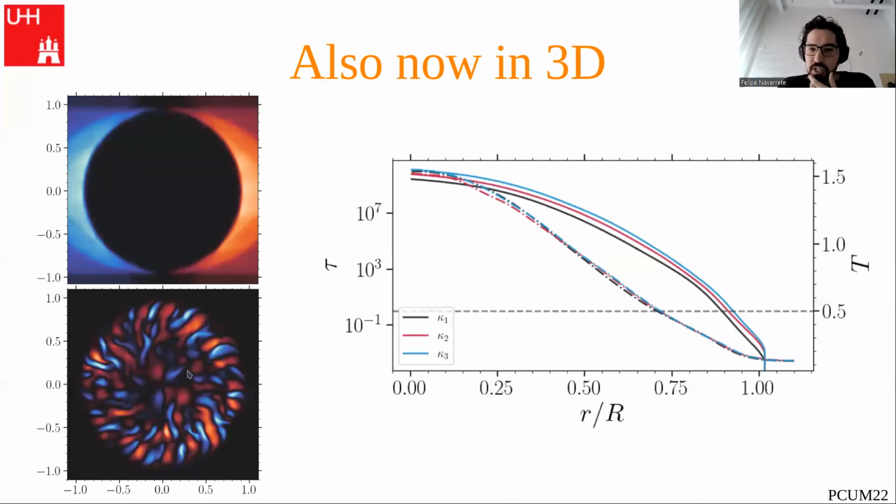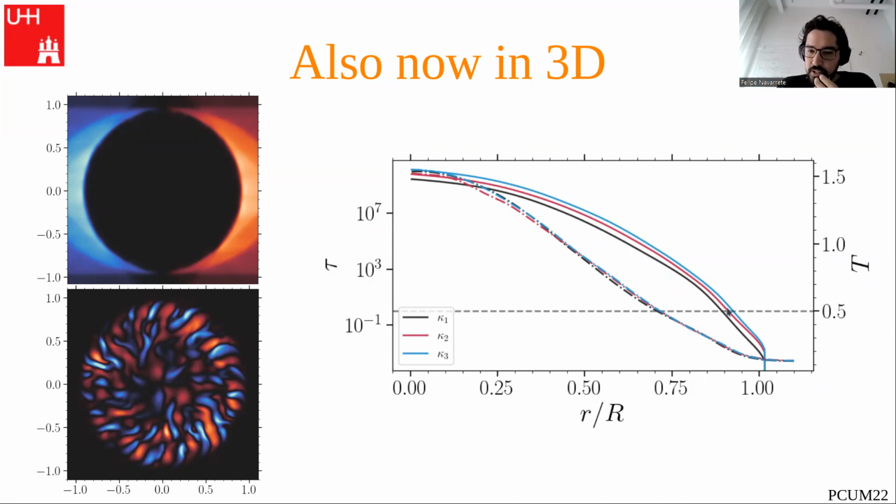This is also seen now in 3D. These are some plots I made a few hours ago. This is the same setup, but now with the vertical direction included. In this plot on the right, I'm showing the optical depth, which is the solid lines, and the temperature, which is the dash-dotted line, with 3 different opacities as a function of the radius of the star.